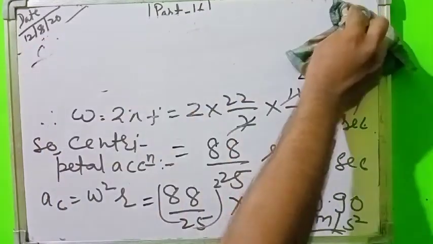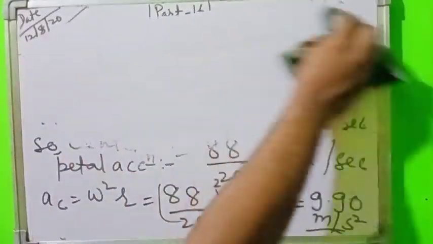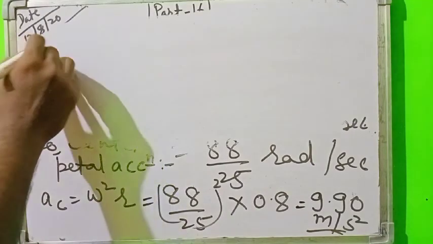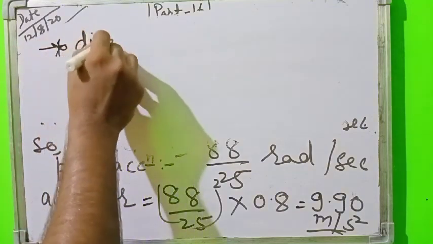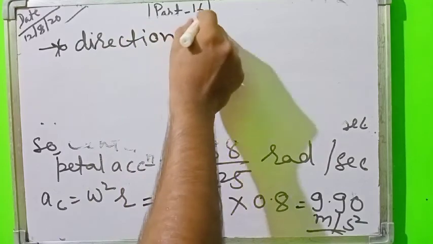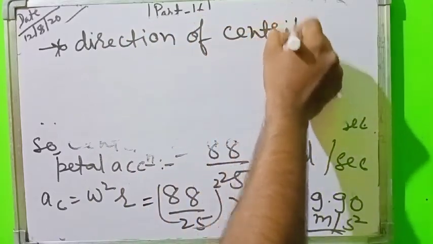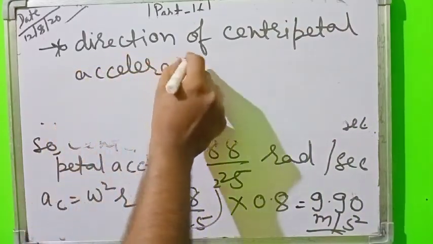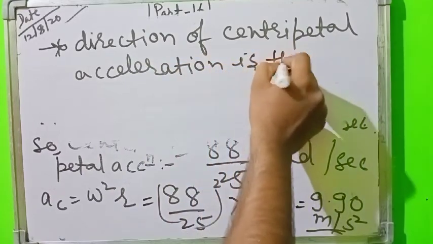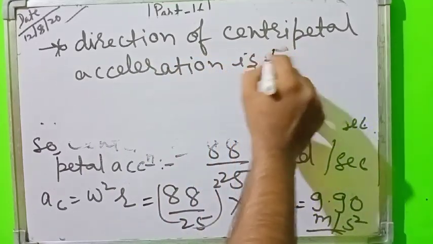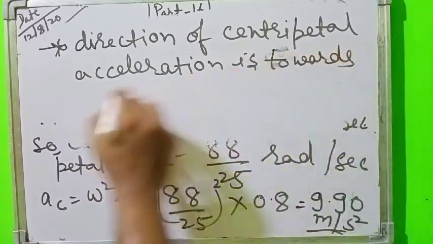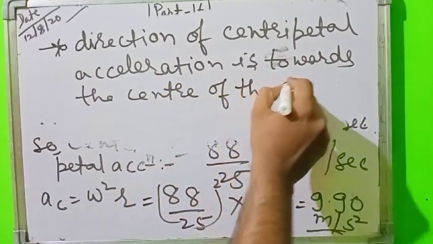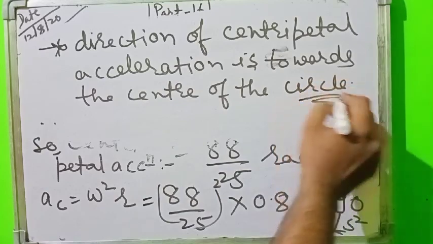And the direction of centripetal acceleration is towards the center of the circle or circular loop.